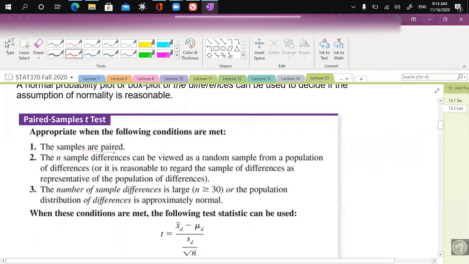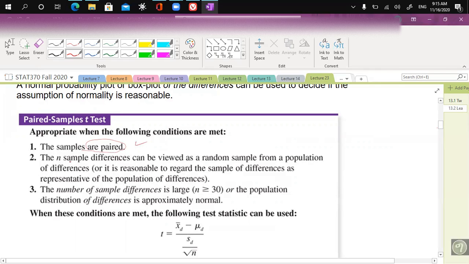Of course, in order to use a paired sample test, you have to check whether we can regard the two samples as paired or not. Otherwise, we don't know if we have to use a paired t-test or an independent sample t-test. Therefore, this is the first condition.